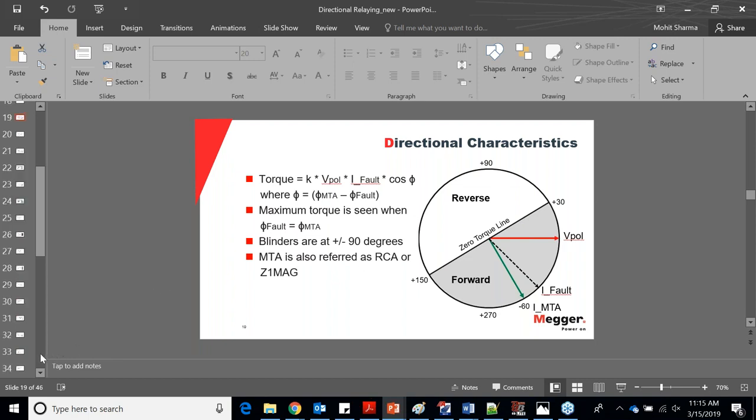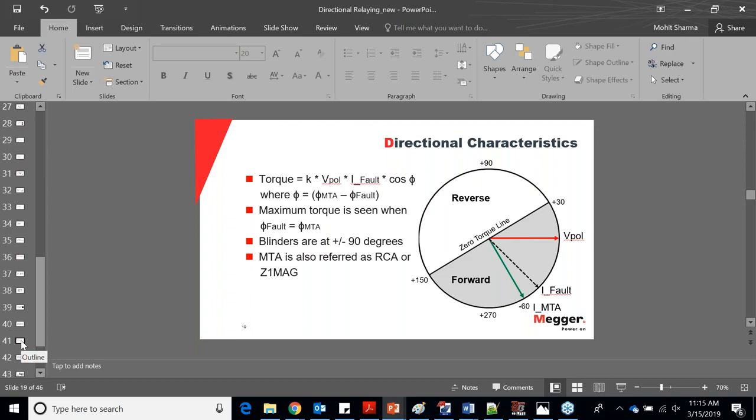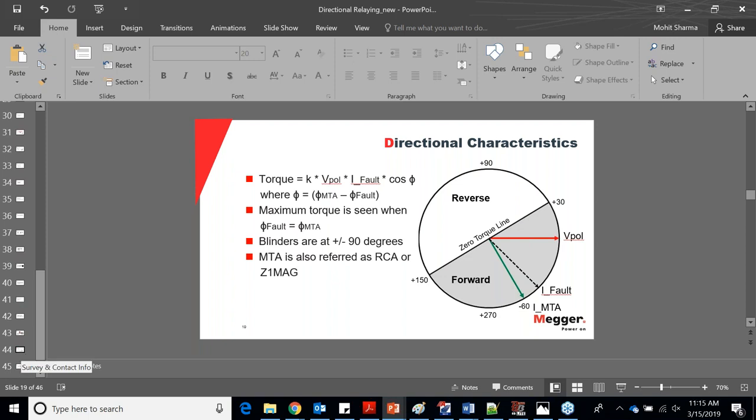Okay. Here's the next question for you, Mohit. We often use 32 GFR or 32 QFR for MHO element supervision. There are a few instances in which we use a 67 element as well. Is there a benefit either way? I've heard that the 32 method is more sensitive. 32 is nothing but your directional power.